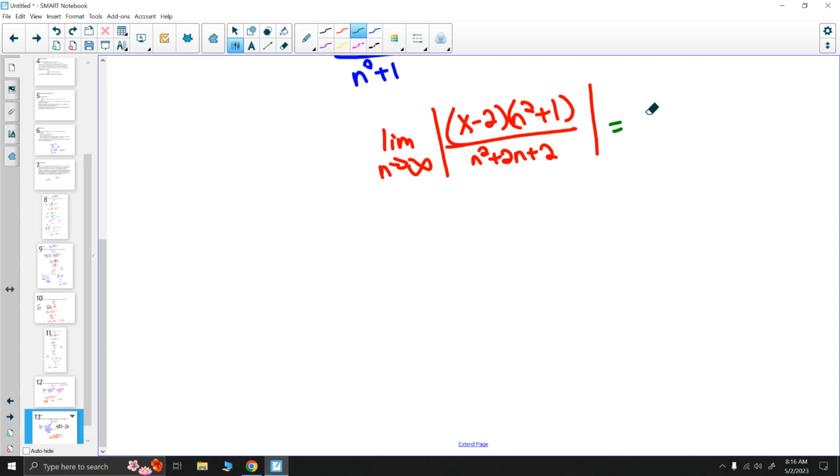If we FOIL this, we get x n squared plus x minus 2n squared minus 2. Now, at the infinities, this doesn't matter and this doesn't matter, so we only have x n squared minus 2n squared, which, if we factor out the n squared, is n squared times x minus 2.